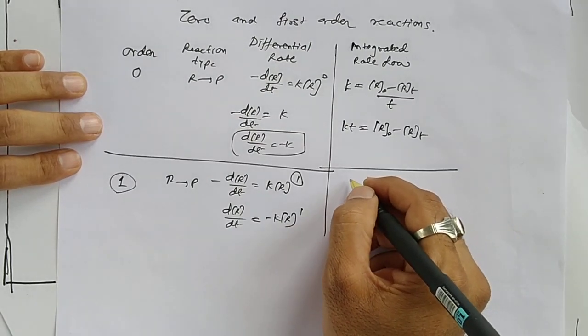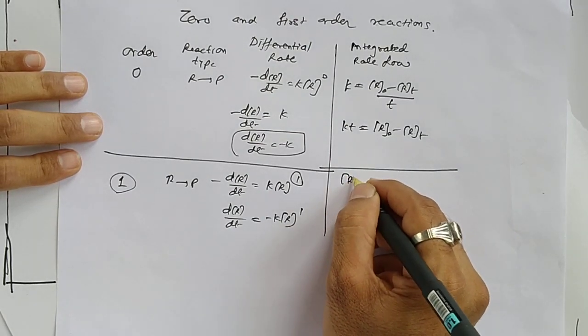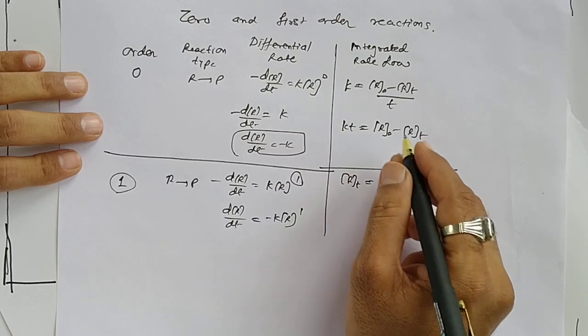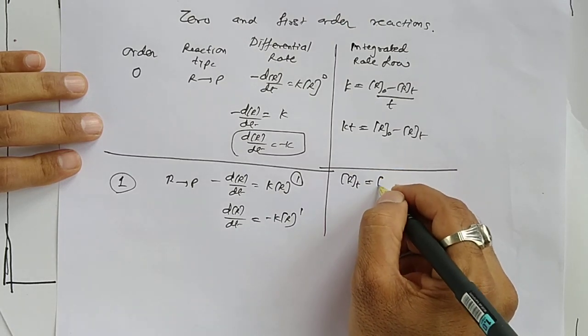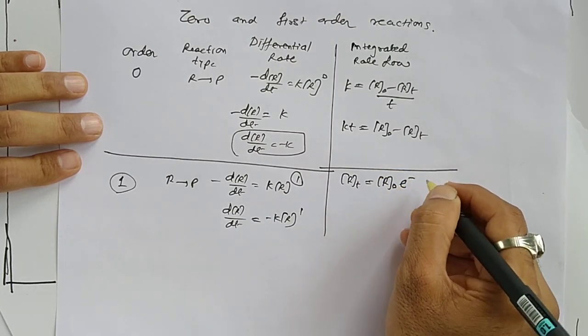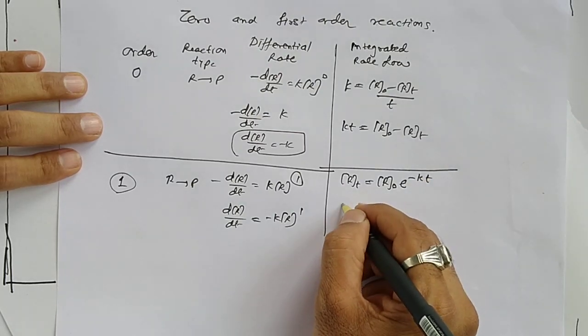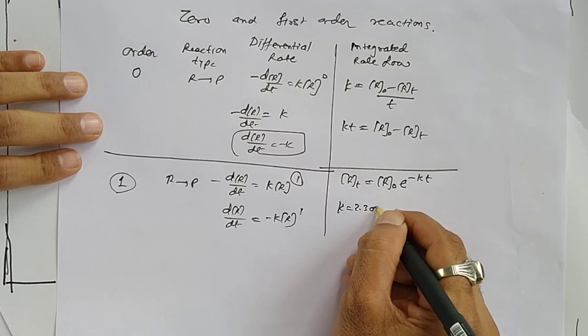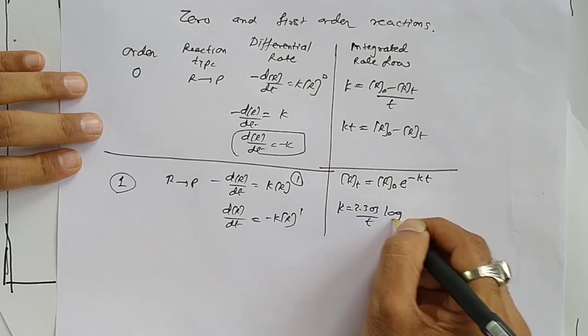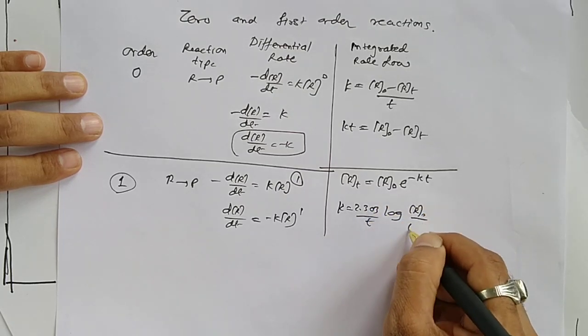Now for first order, the exponent form is Rt equals R0 e^(-Kt). Another is K equals 2.303 upon t log R0 by Rt.